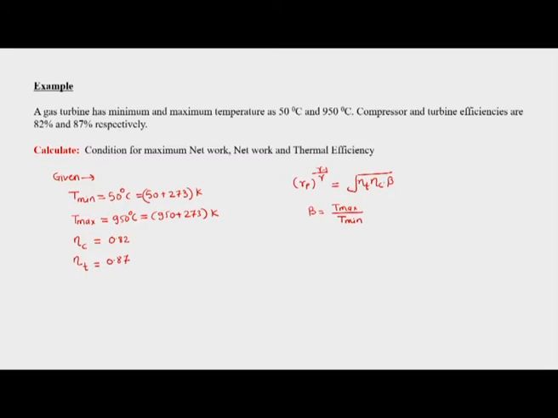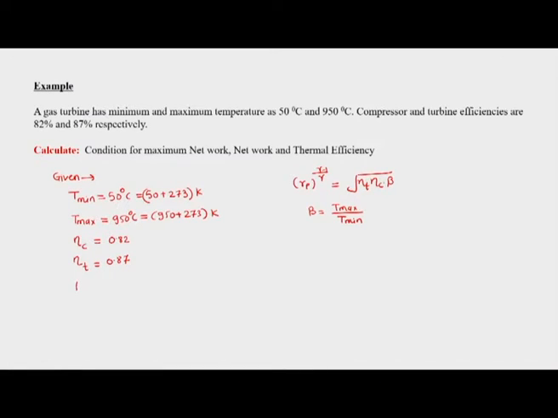So, we know that beta is the ratio of maximum and minimum temperature, and in this example the maximum and minimum temperatures are given to us. So practically beta is also given to us, T max upon T min. So beta is known, eta t is known, eta c is known, so we can find Rp.